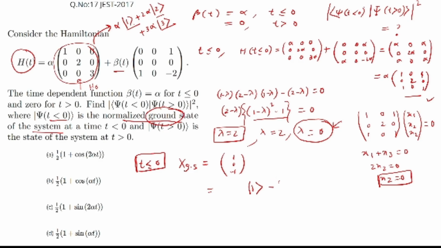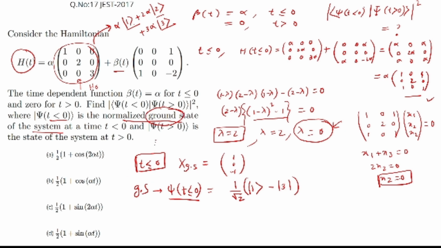If we normalize it, in front of it we multiply by 1 divided by root 2, so this is the ground state ultimately. This is the state when t is less than or equal to 0, and obviously this is the ground state.